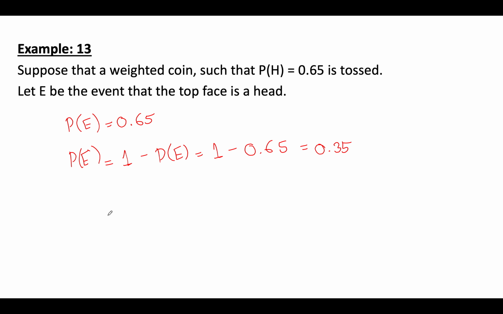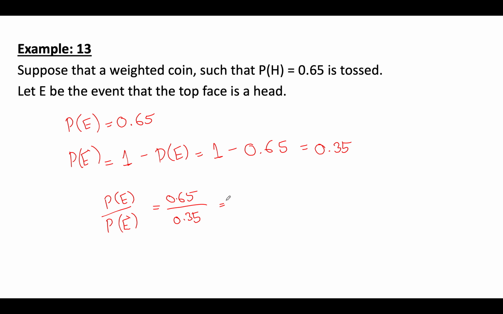Now, in order to find the odds, we need just to divide the probability of E over the probability of the non-occurrence of E. This is equal to 0.65 divided by 0.35.